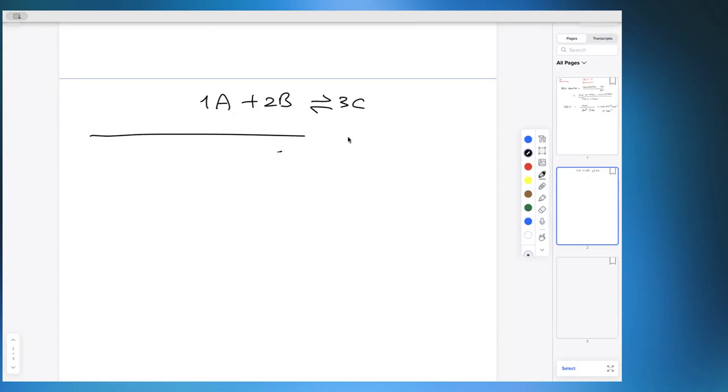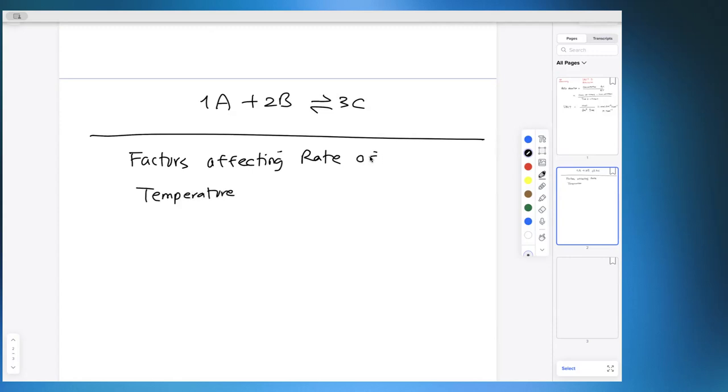There is a very easy part that we will usually skip, but we'll say it very fast: what are the factors affecting the rate of the reaction. The factors affect the rate by increase or decrease as follows. The first is the temperature. Increasing the temperature for sure increases the rate of the reaction, and decreasing it is the opposite.